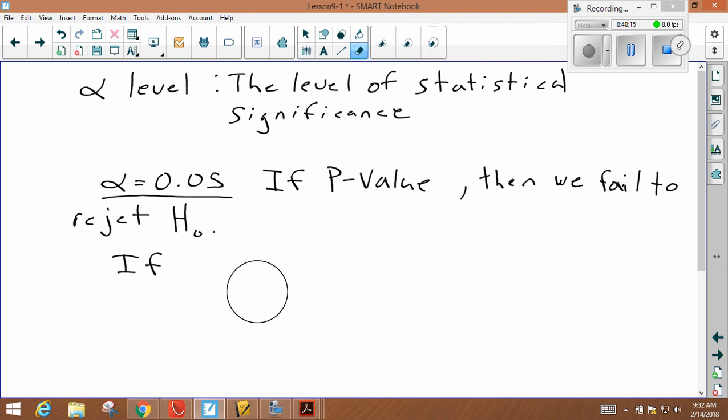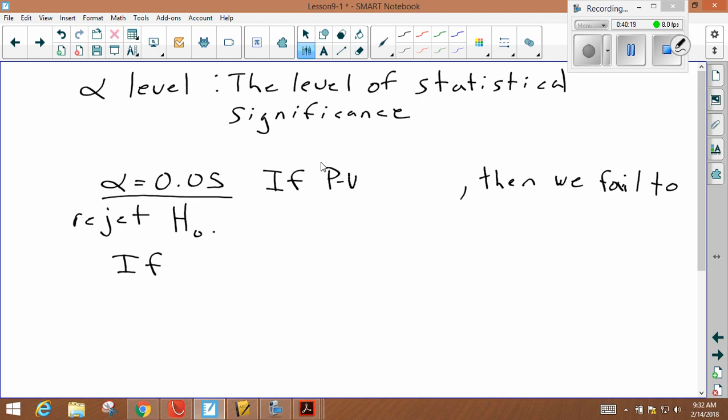So if our p-value was 0.17, something like that. Okay.